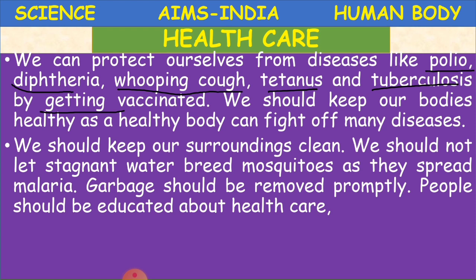Okay, what we should do apart from food and all these, we must also keep our surroundings clean. Otherwise we'll get so many mosquitoes, flies and all that, which are very unhygienic for our health. We should not let stagnant water breed mosquitoes as they spread malaria.